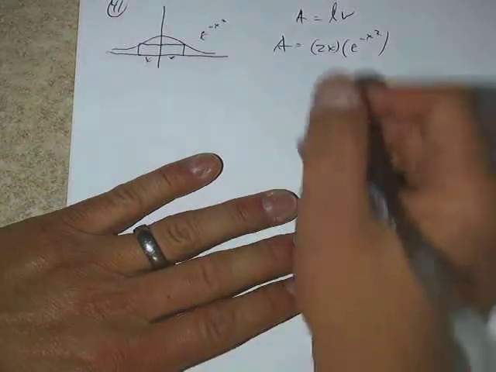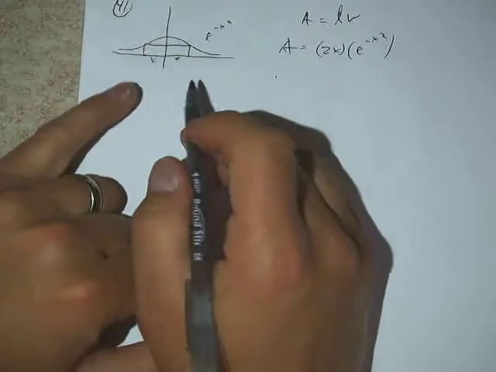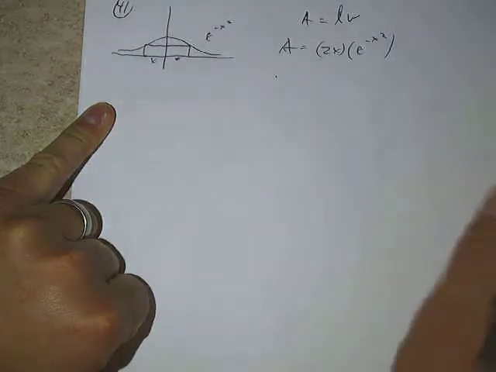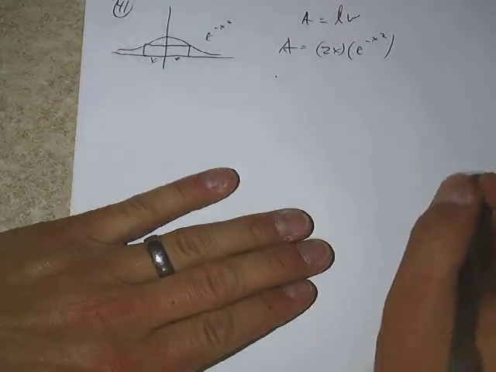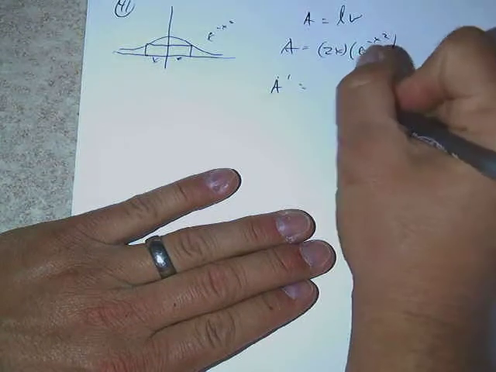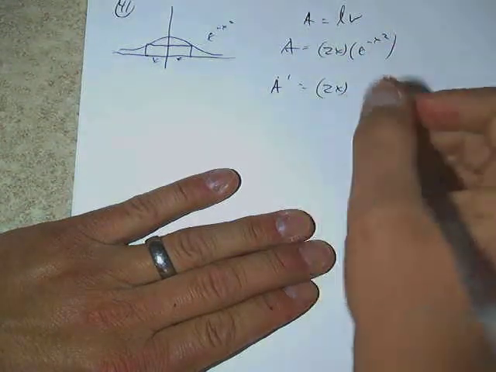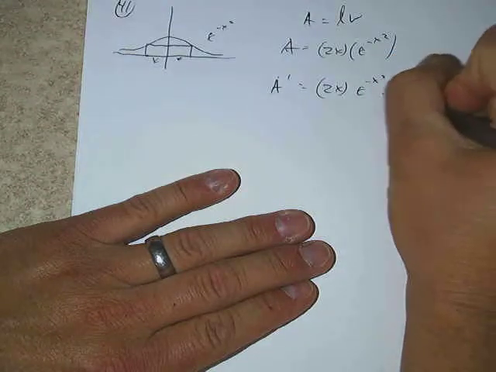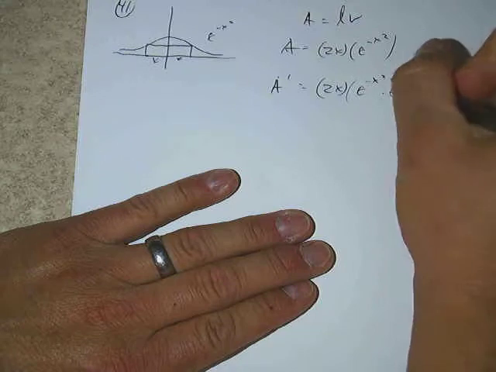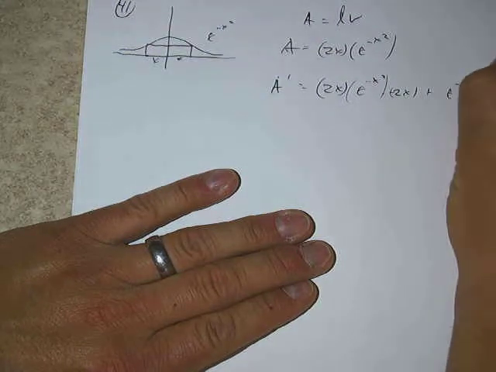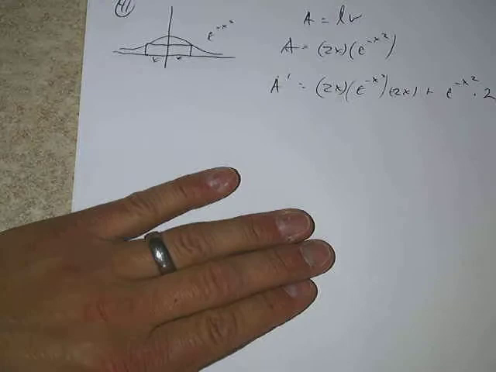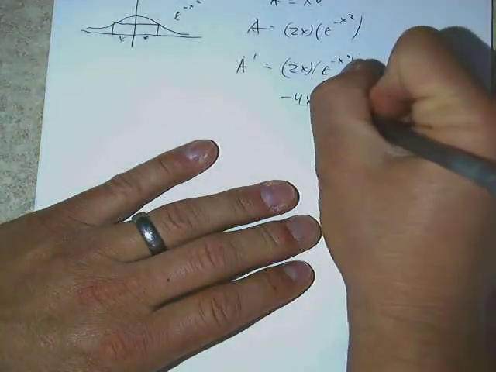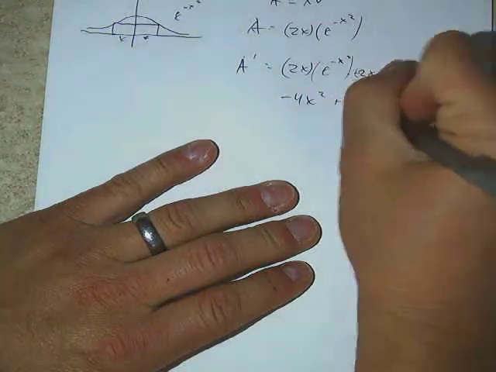We'd want to find the derivative. We don't know how far this thing is to the right and left, so it's x to the right, x to the left. It'd just be 2x for the one dimension. And if we found the derivative here, it's going to be the product rule: first times the derivative of the second, which is itself times negative 2x, plus e to the negative x squared times 2.